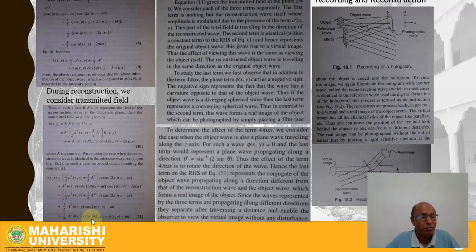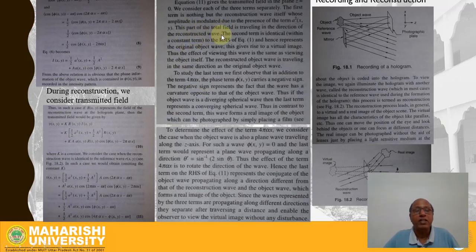And the third term consists of the amplitude of the reference wave, of course, but it considers the z direction also. Now, we'll just explain it here. This equation 11 gives the transmitted field in the plane z equal to 0, and the first term, as we mentioned here, is nothing but the reconstruction wave itself, whose amplitude is modulated due to the presence of the term a square. This first term, this one, right?